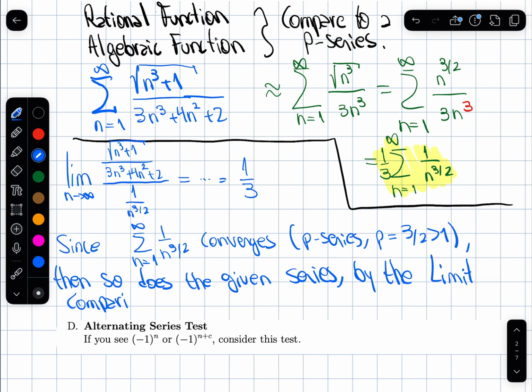So I can use the direct comparison test here however I want.